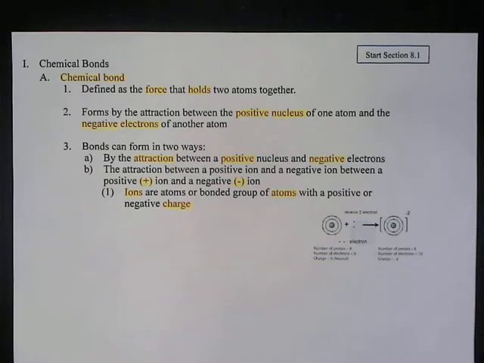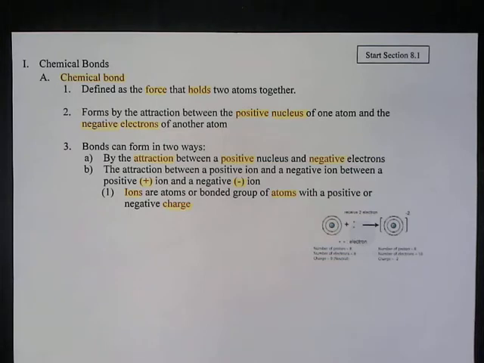Before we get into too much detail, we're going to outline in general the definition of a chemical bond. It's simply a force that holds two or sometimes more atoms together. Overall, an atom is attracted to another atom because of the positive and negative charges in every single atom.